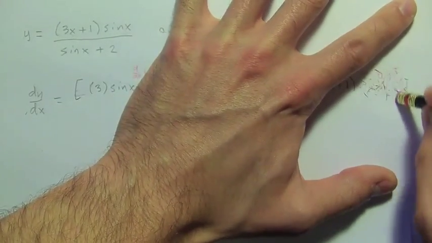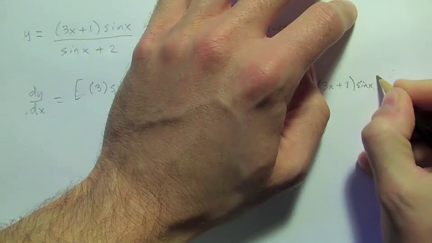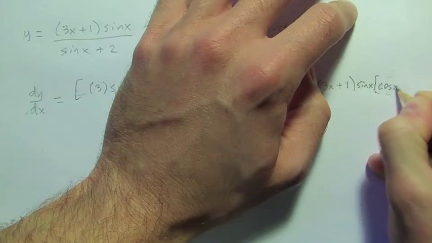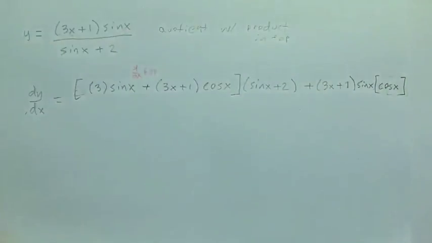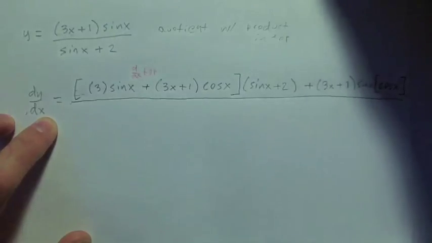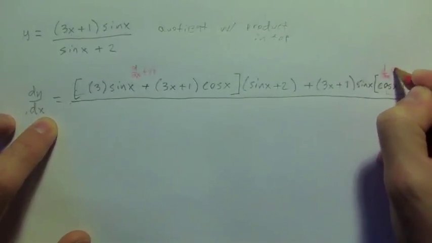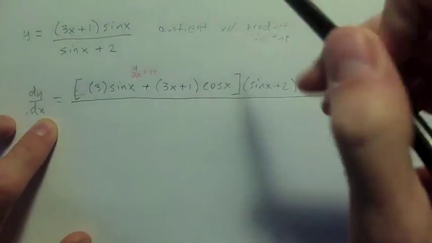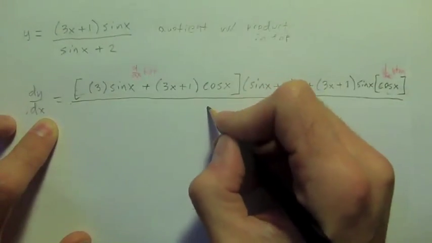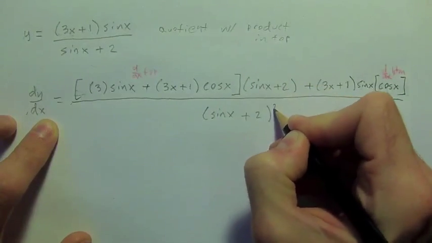Here I can actually make this fit a little better: sine x, cosine x. There we go. And remember, this is the derivative of the bottom. And then with the quotient rule, the next thing you do is put it all over the bottom squared.